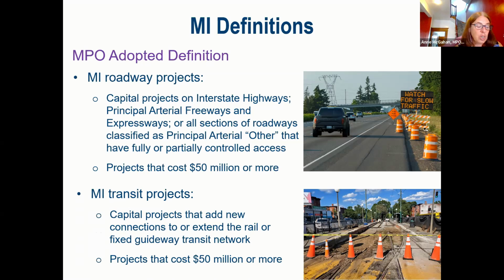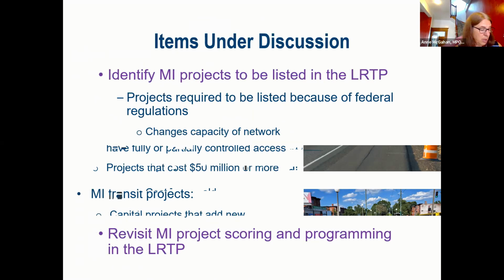And this definition allows the MPO to program projects in the major infrastructure program and apply its funding goal criteria of funding no more than 30% of its regional target funds to this program. So as I said before, this is purely so that we have a definition that we can use our funding goal criteria for. And then next slide, please.